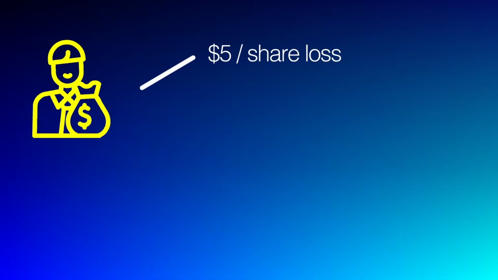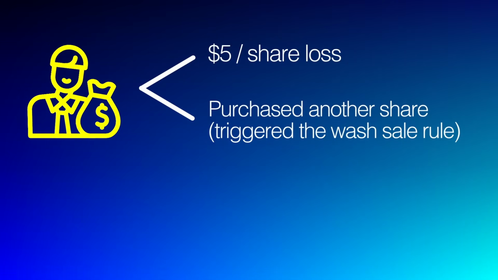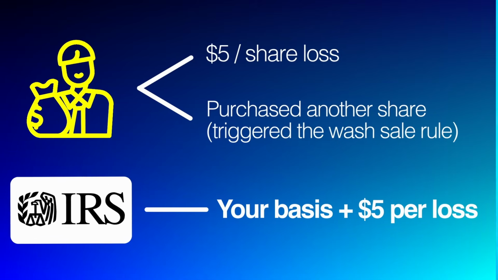So we're going to add the loss back to your basis of the shares that you just purchased. That's what we just saw in the dividend reinvestment example. Since you had a $5 per share loss and you purchased another share, which triggered the wash sale rule, we are going to add that $5 loss back to your basis.